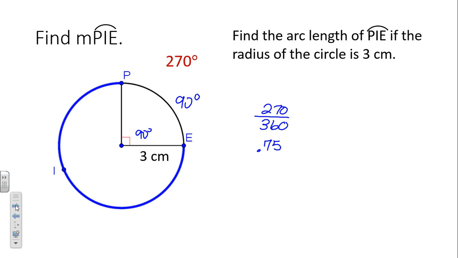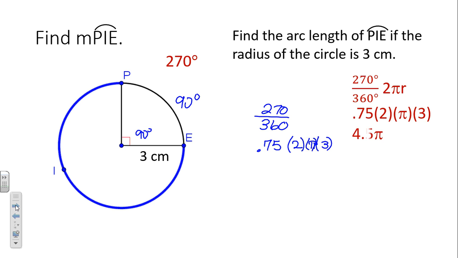And so do we have a radius or a diameter here? Radius, so we probably want to use 2 times pi times r. Absolutely. We can do 6 times pi. So 0.75 times 6 times pi is going to get us 4.5 pi, which is the most accurate answer.